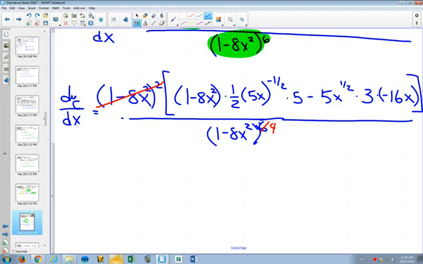Another thing that you could factor out of the top is some other algebra skills that we could look at. Is there anything else in common in the first one and the second one? There's a 5, yes? And what I'm going to take out is I'm also going to take out an x to the negative 1/2 to see what that does.